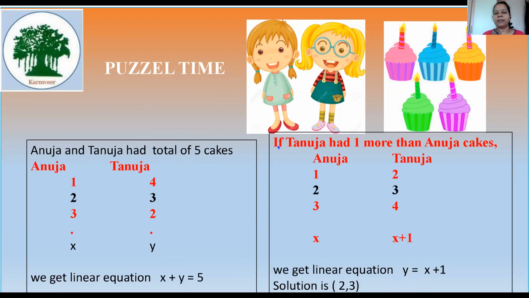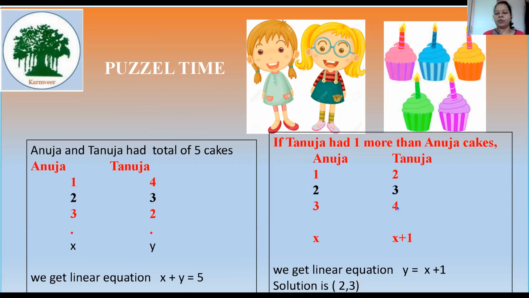Suppose Tanuja had one more cake than Anuja. According to this second condition, if Anuja had 1 cake, then Tanuja got 2 cakes. If Anuja had 2 cakes, Tanuja had 3 cakes. If Anuja had 3 cakes, Tanuja had 4 cakes.